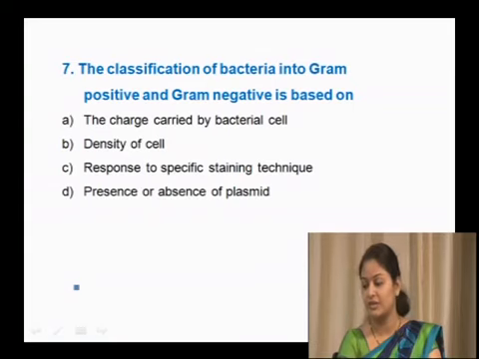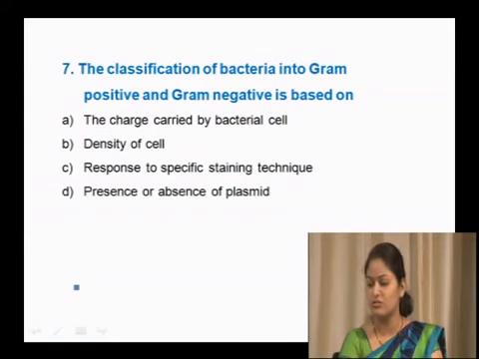So the bacterium which has more peptidoglycan and less lipid will show the purple color, and you consider those bacteria as gram positive. Gram negative bacteria are those which have less peptidoglycan and more lipid, and after counter staining it appears pink.